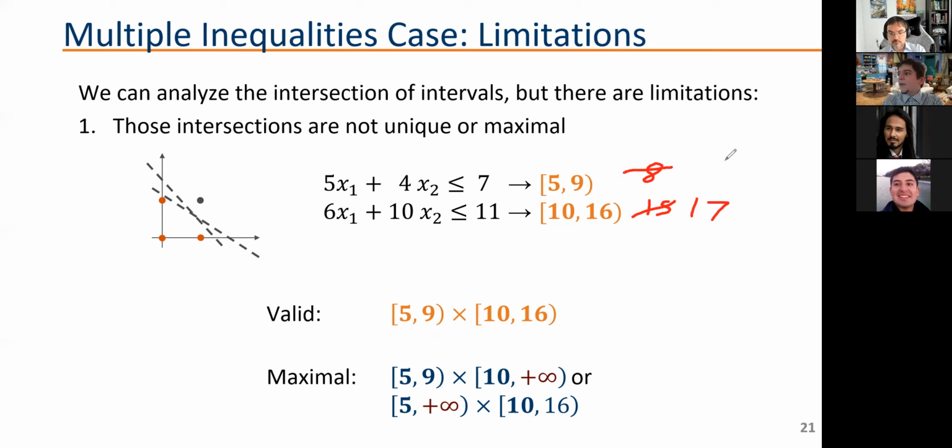But if I make the first constraint 9, the right-hand side of 9, now I have everything being feasible. But I could fix that in turn by cutting the second constraint to be a value, let's say 12. So if one of them is separating the additional solution, that's all that matters. It doesn't matter if the other one is separating or not. So that's one thing that's going to complicate things a little bit here.